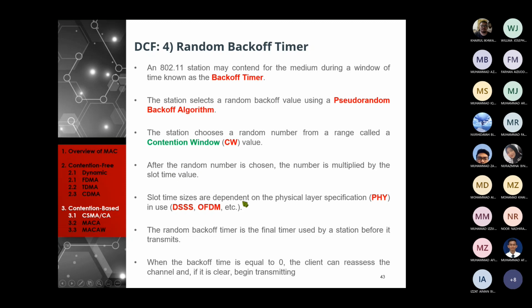Slot time uses sizes dependent on the physical layer specification. Okay, the PHY in use, DSSS atau OFDM atau etc. The random backoff timer is the final timer used by a station before it transmits. When the backoff time is equal to 0, the client can reassess the channel, and if it is clear, baru dia akan begin transmitting.